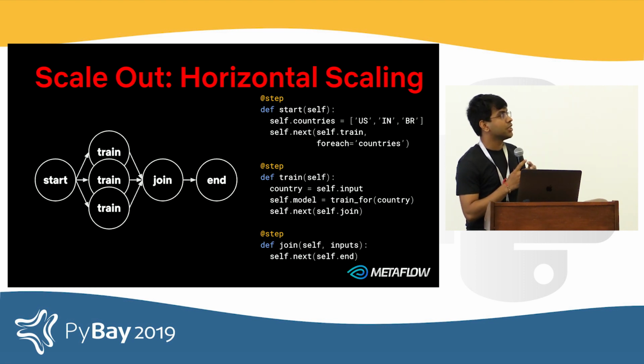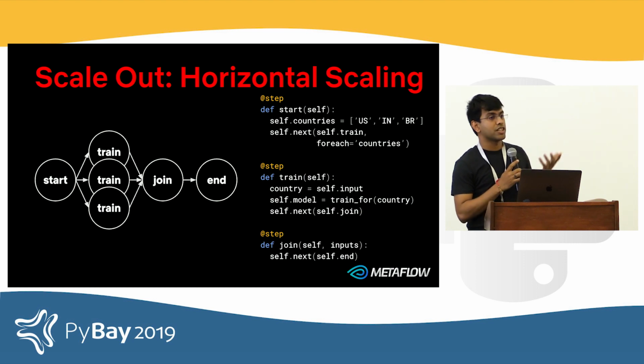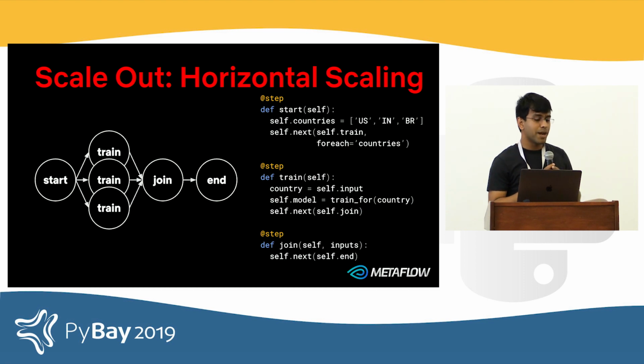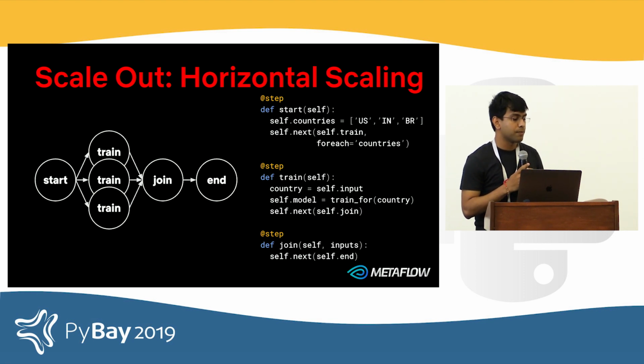So in this example, you can specify the countries as a list in Python over the countries you want to generate the per-country models on. And then you can specify the step that you want the for each over, so in this case, train. And then Metaflow takes care of spinning up separate tasks with the appropriate parameter for the user.